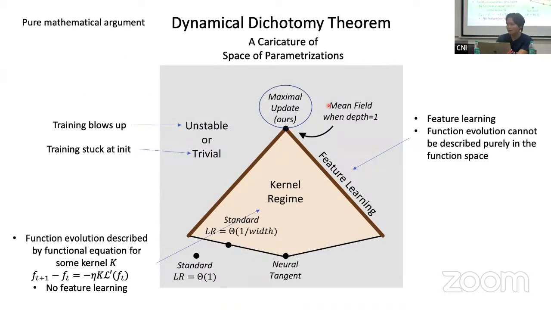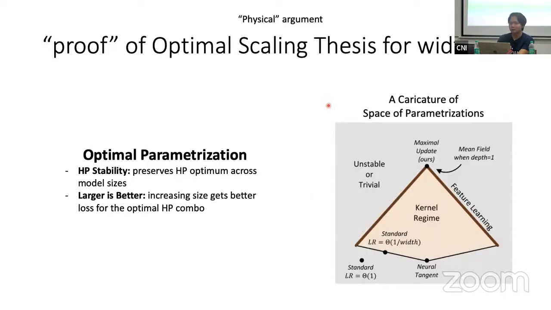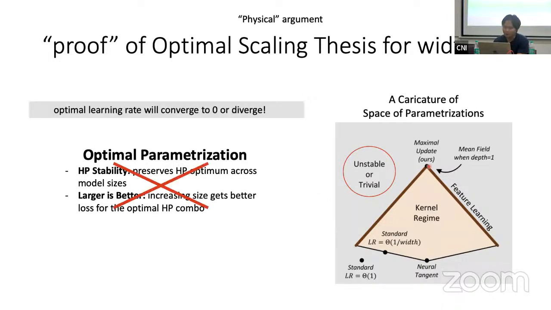Of course, the actual math is much more complicated, but this is a very high-level summary. And then finally, we have a very short physical argument that just goes through the list and sees which one can possibly correspond to a parametrization that has these two properties: hyperparameter stability and larger is better. This is very simple once we do all the hard work to classify the parametrizations. So obviously the unstable ones cannot do this.